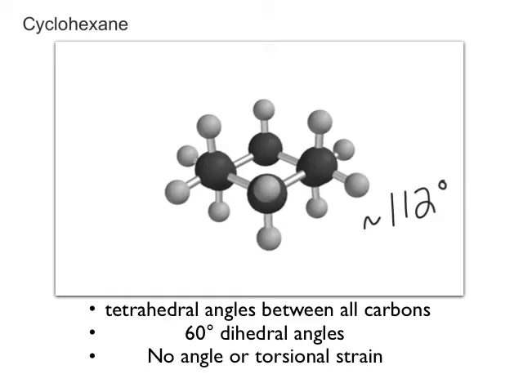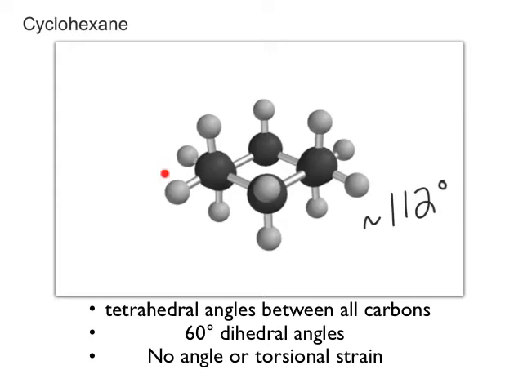Another thing to point out here is that this molecule, though it has 12 hydrogens, has 6 hydrogens on the top side of the 6-membered ring. If we draw this plane right through the center of the molecule, we have 6 hydrogens that are on the top side of the ring. So we'll identify this as 1, 2, 3, 4, 5, 6.